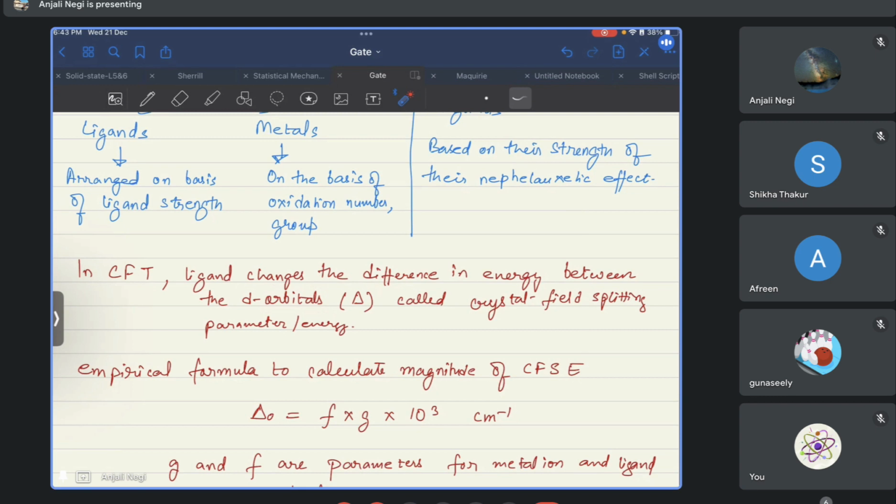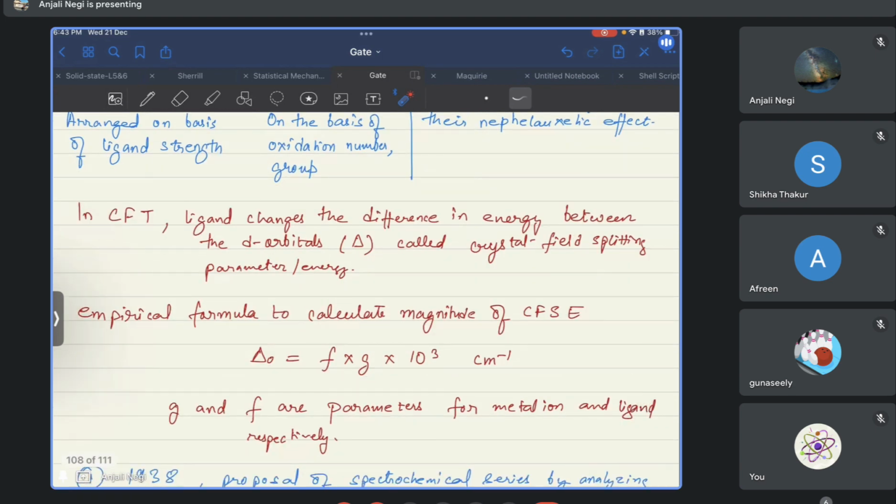This change in the energy of the d orbitals, the delta value, which we call the crystal field splitting parameter or energy, is very important here, because on the basis of this only, we divide our ligands into strong field or weak field.